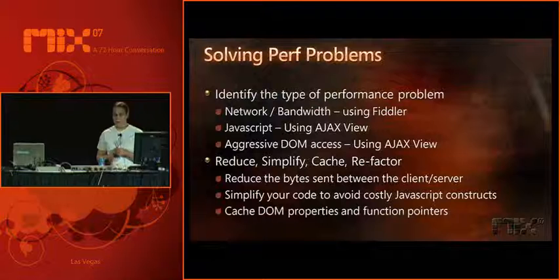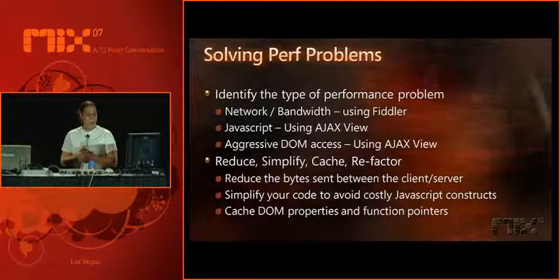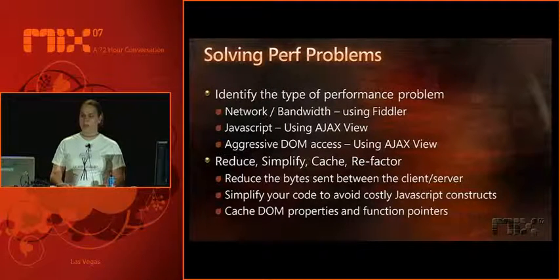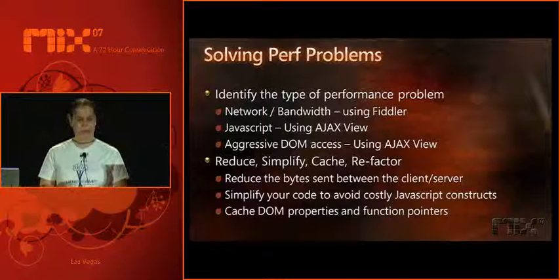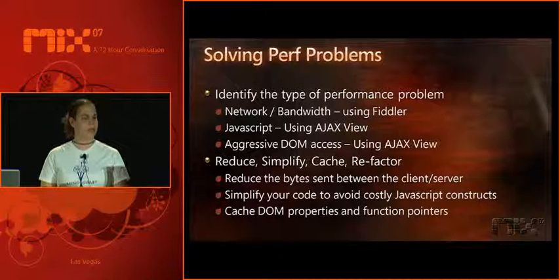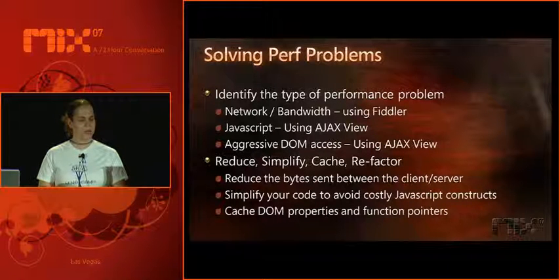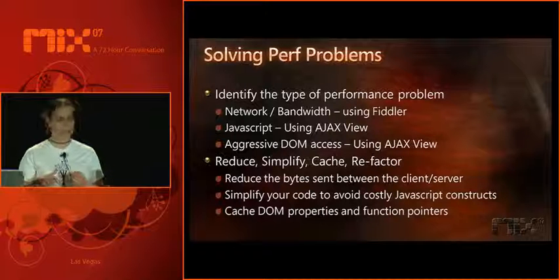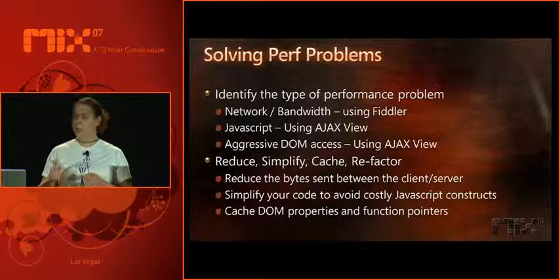Thank you. Thanks, Emery. So just to wrap things up here, we talked about generally solving perf problems in a few different ways. The first thing is to identify the type of performance problem that you're having, and we have some tools that are associated with each. If you think you're having network problems or bandwidth problems, you can use Fiddler.